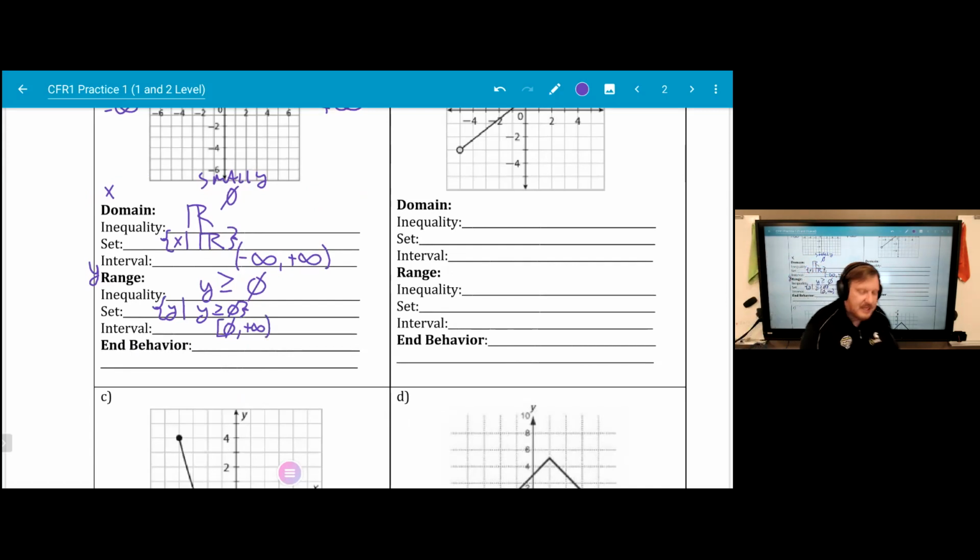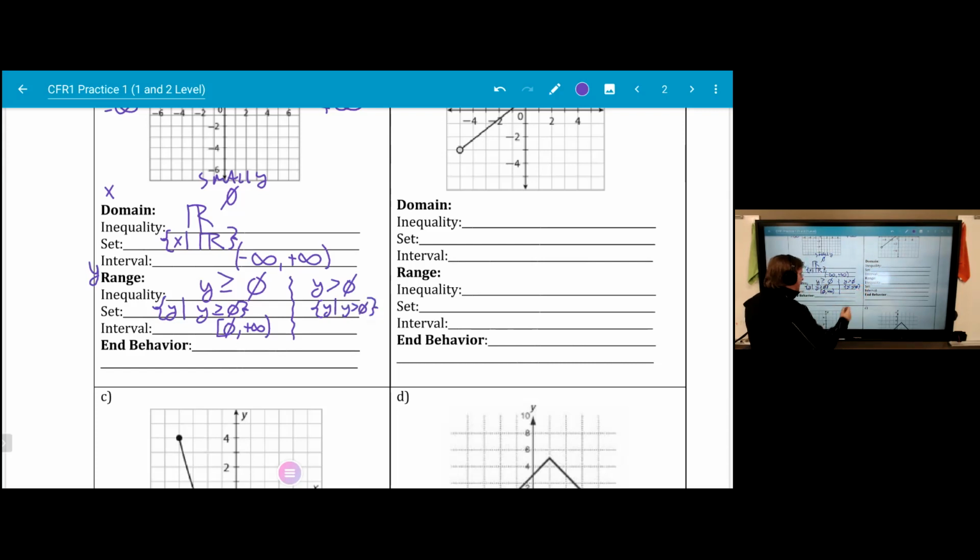Now, you're saying, Mr. Brayman, I don't think it actually touches 0. And to that, I could not argue against you. If you said it doesn't touch 0, that's absolutely fine. What you need to do, however, is make sure that all of these agree. If you just want Y is greater than 0, then you need to represent it in set notation as the set of all numbers Y such that Y is greater than 0.